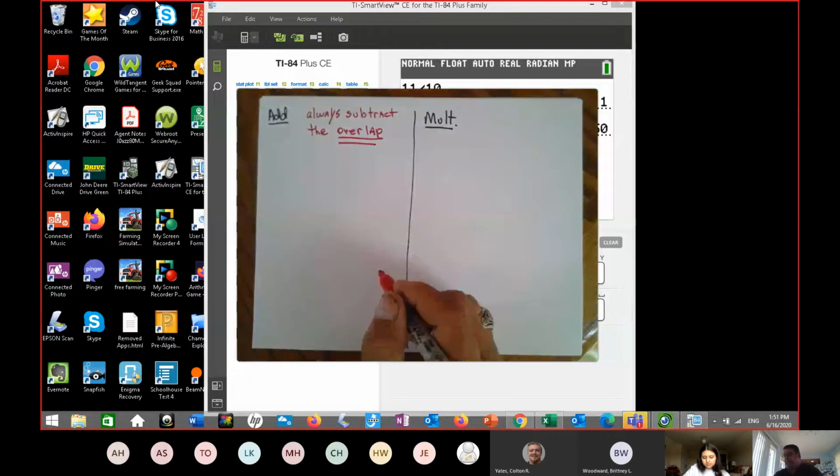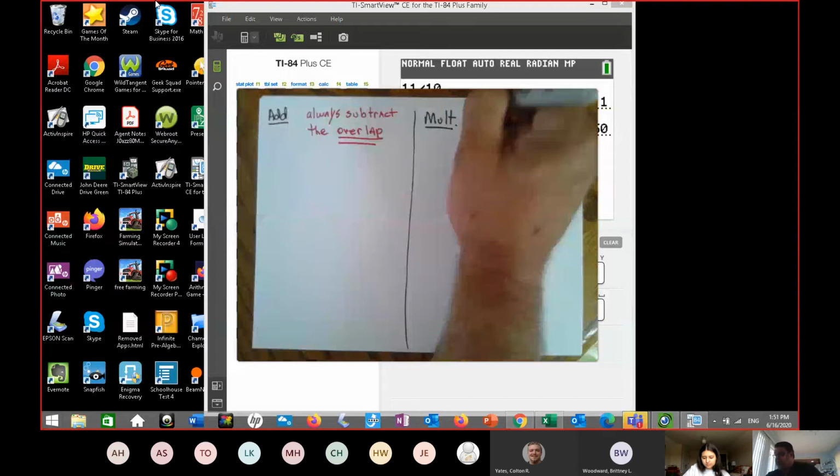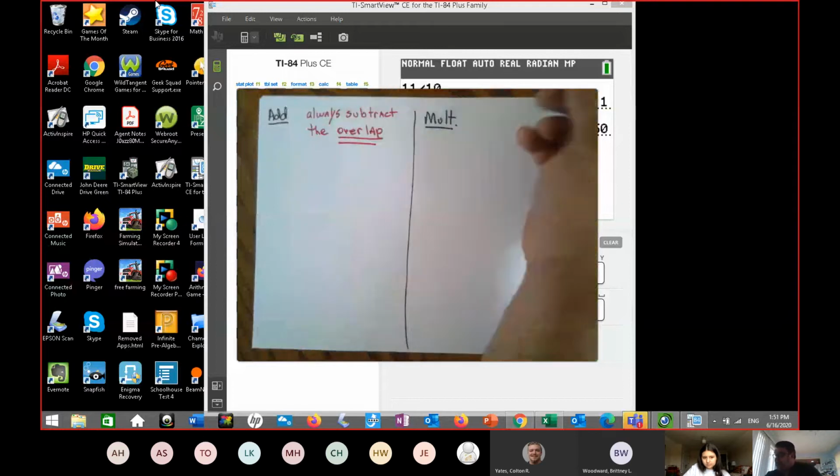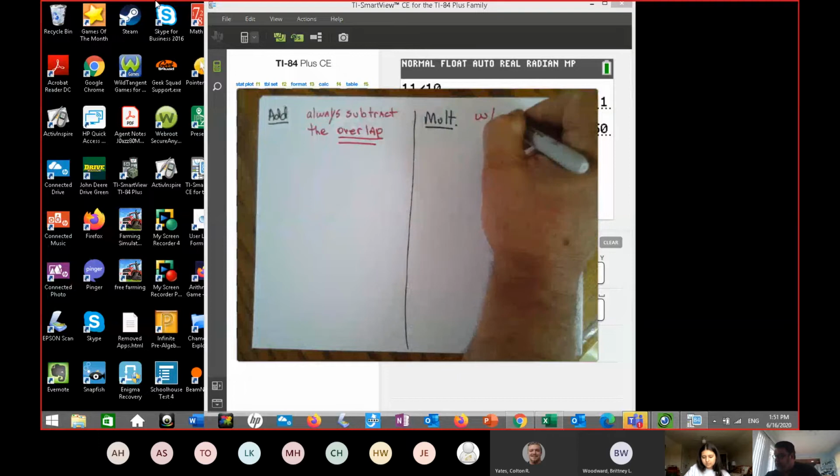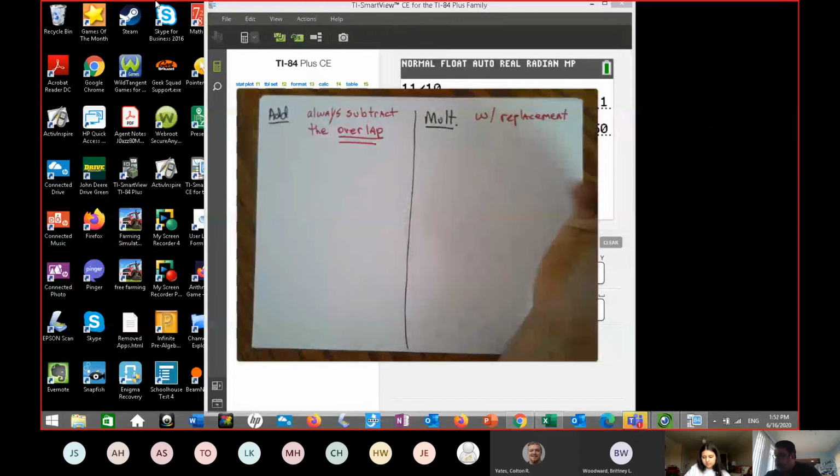With the multiplicative law, you always have to remember whether it's with replacement or without replacement.